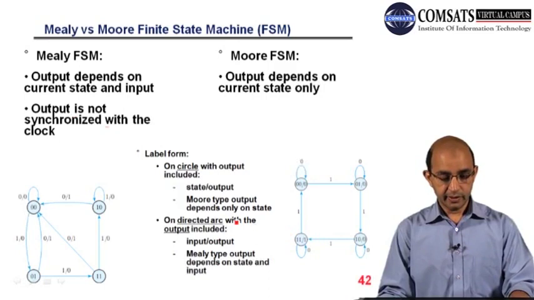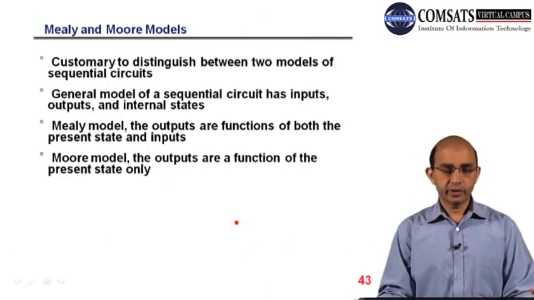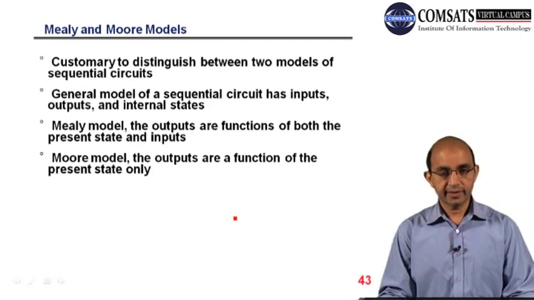Okay, and so we need to mention the difference regarding the models. Whenever we talk about sequential circuits, sometimes we use the state diagram, and when we talk about the state diagram, we have to mention different states, and then we have different arrows, different inputs and outputs.